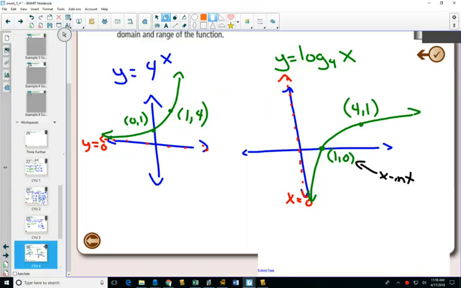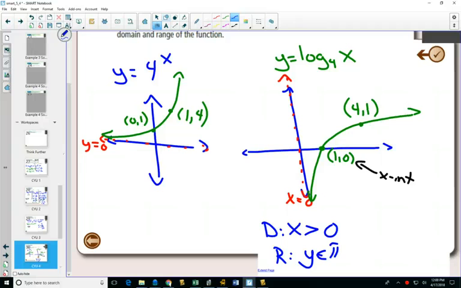Underneath here, I can write the domain. The domain x is bigger than 0 but not equal to 0 because you have that asymptote there. And our range, y can be anything.